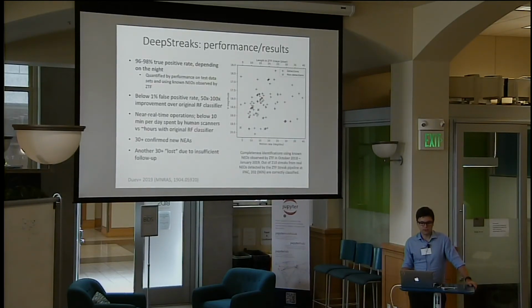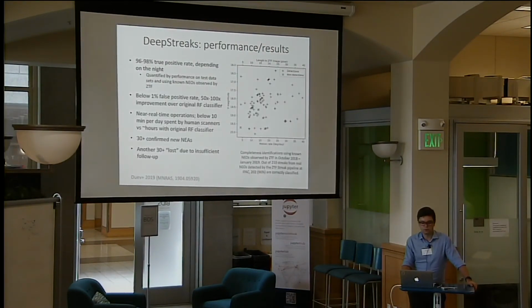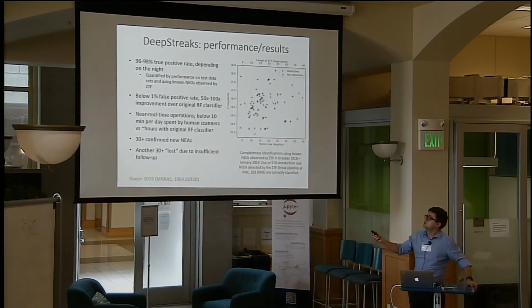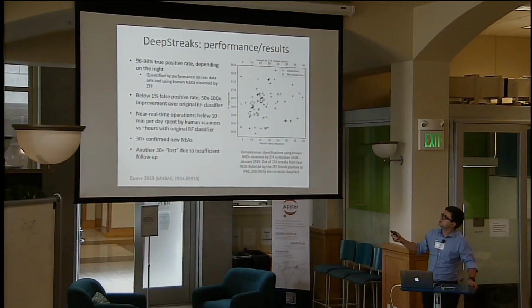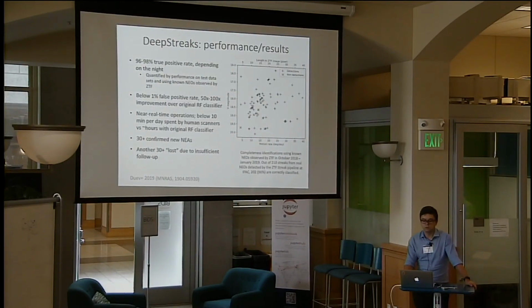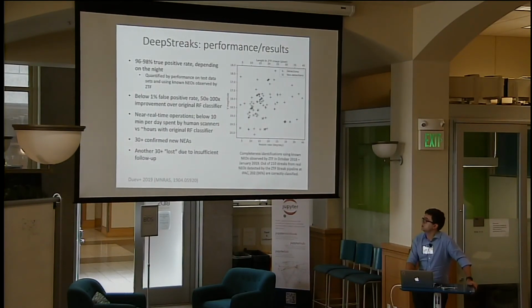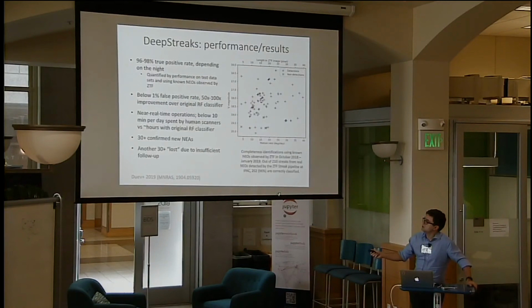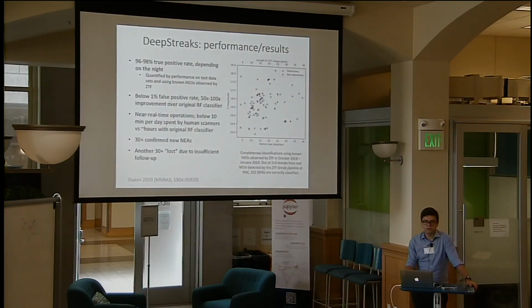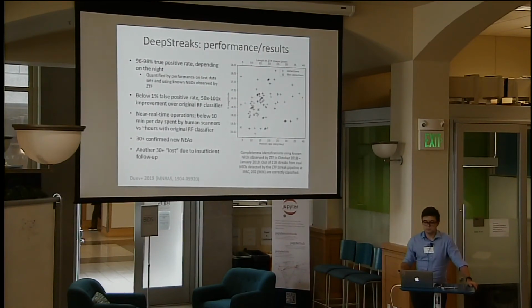And we get something like 96 to 98% true positive rate, depending on the night. We quantified the performance both on the test data sets and using known NEOs. On this plot, I show all the NEOs that we know were observed by ZTF in October 2018, January 2019, and out of them, 96% were successfully identified by DeepStreaks, this system.